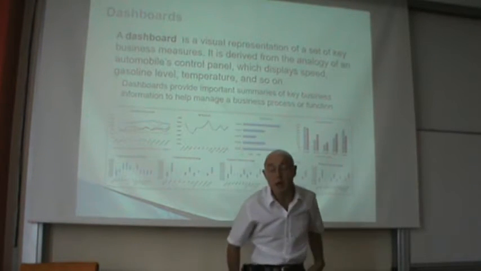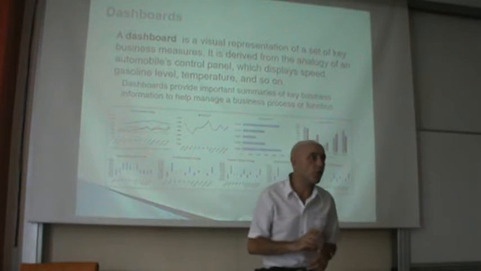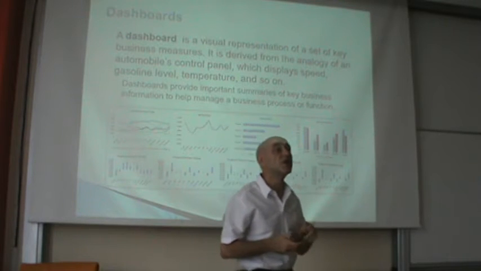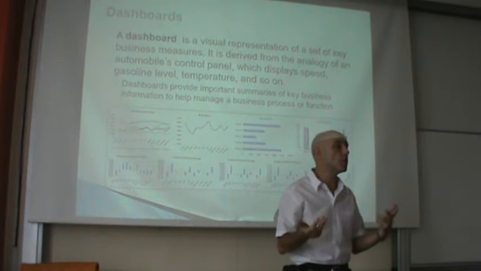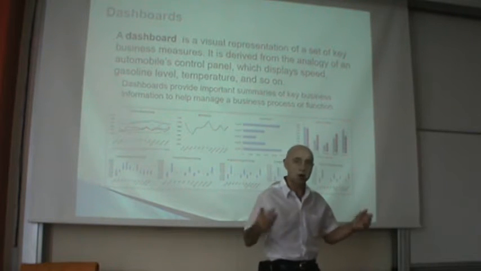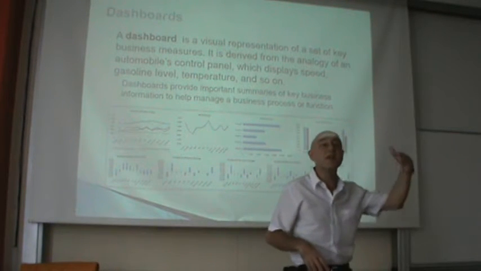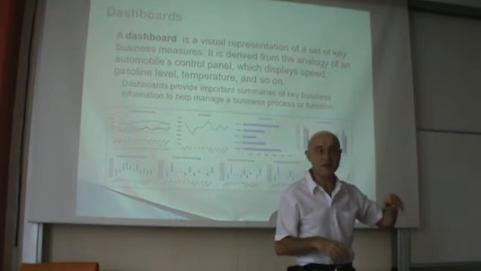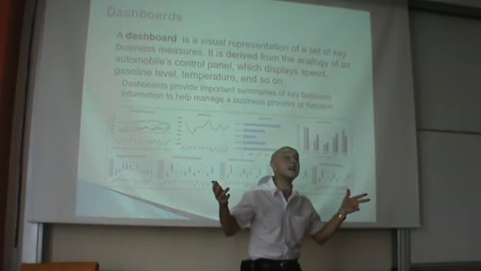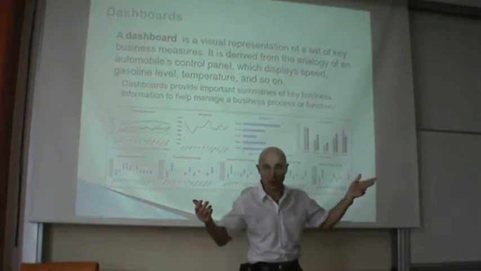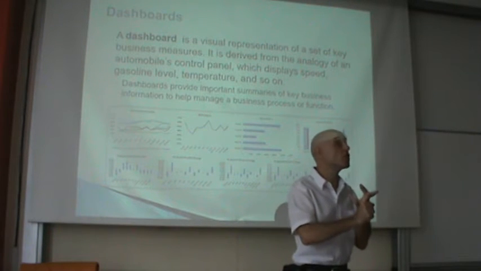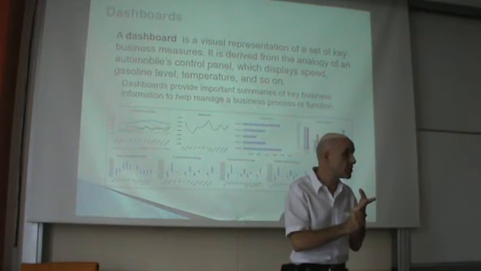Let's see what else we have. You can have a dashboard. A dashboard will basically give you a number of different charts, and these charts will be updated. I like to use a dashboard for the stock markets around the world. I want to see the value of 3 or 4 currencies, dollar, euro, yen. I want to see the stock markets of major countries like US, some European countries, the Chinese stock market, the Japanese stock market.